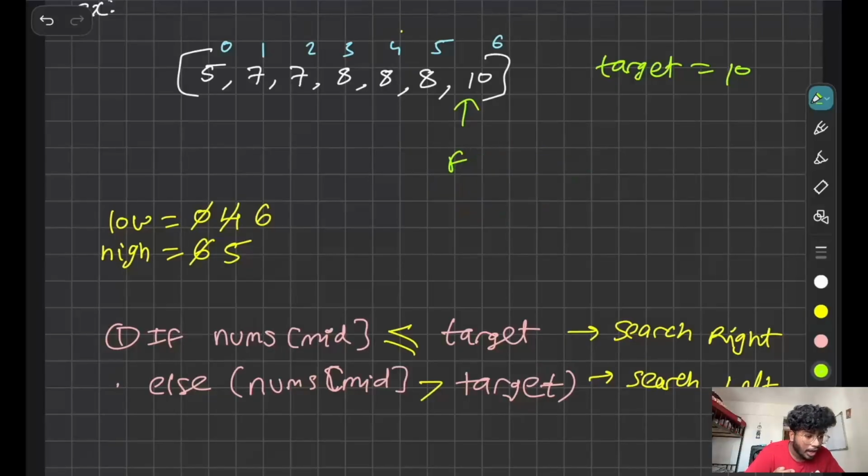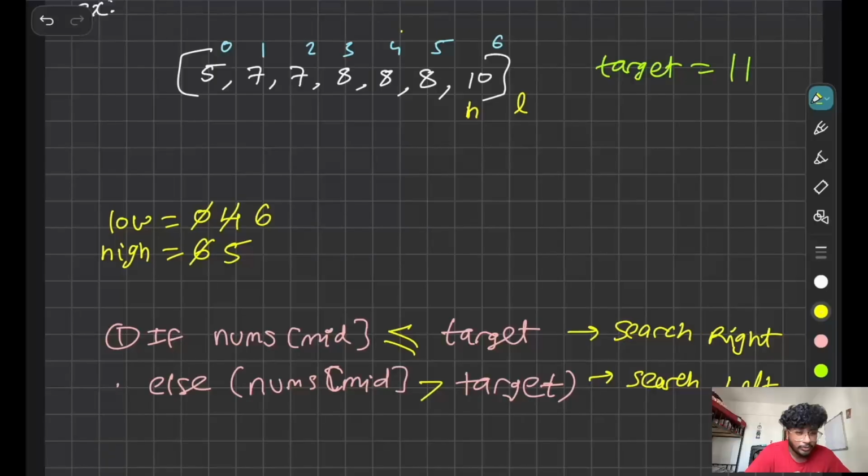And the second one I want to explain is, if the target does not exist, then what? Let's say the target is 11. We would have exhausted our search space, and it would have terminated something like this. This would be my high and this would be my low. Make sense?